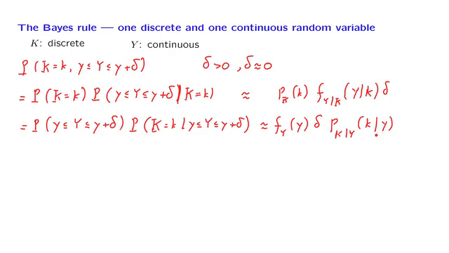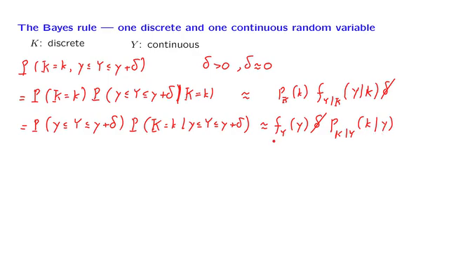So we can cancel the deltas from both sides, and we have that this expression is approximately equal to that expression, and this approximate equality is more and more exact as we send delta to 0. But delta has already disappeared from here, so we can set these two expressions equal to each other.